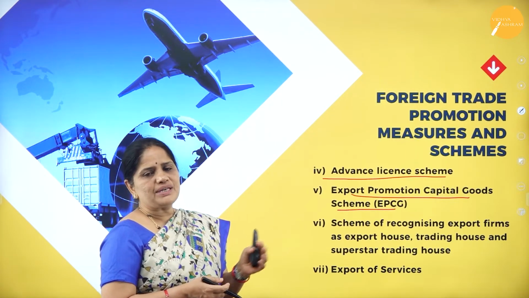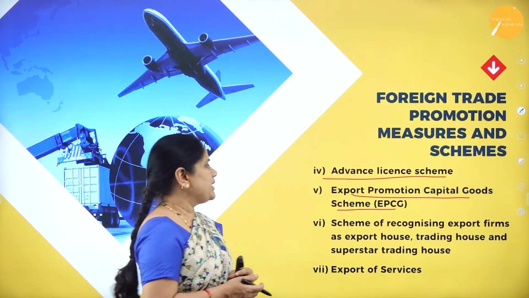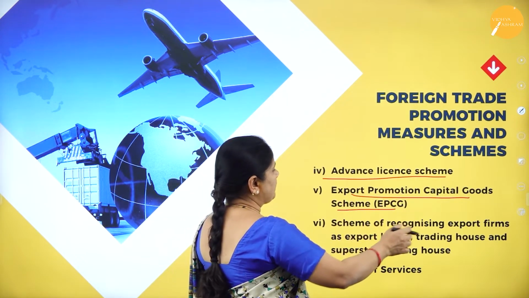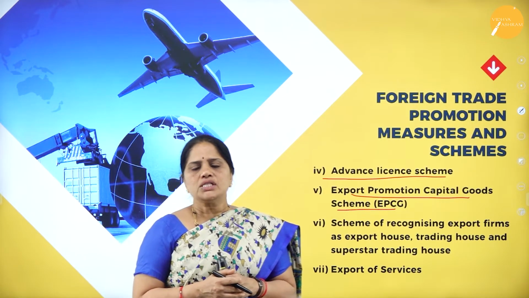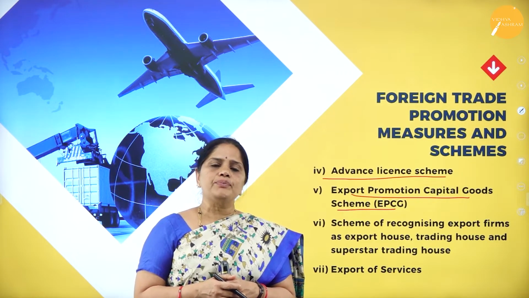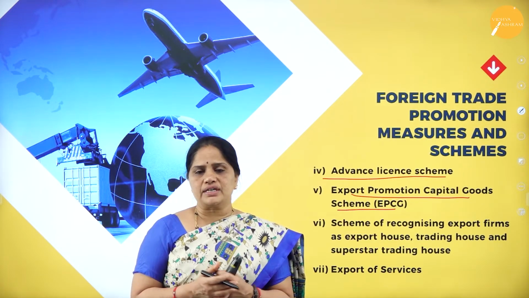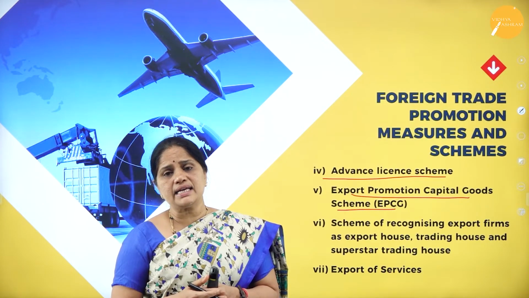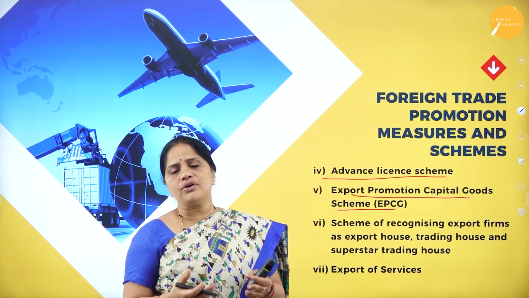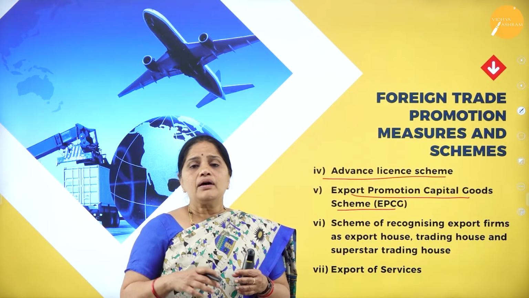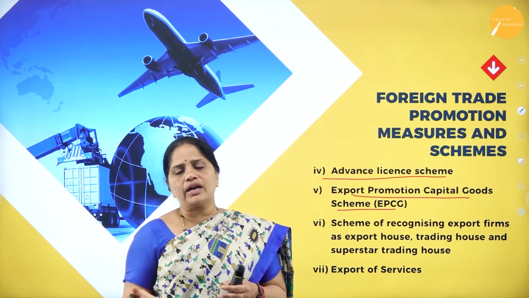The next measure given by the Indian government is the Export Promotion Capital Goods Scheme. Now, what is this EPCG scheme? This scheme is made exclusively for the importers who are importing capital goods from a different country. Suppose they are engaged in the manufacture of goods and they need new machinery for the manufacture, the output of which will be for exports.